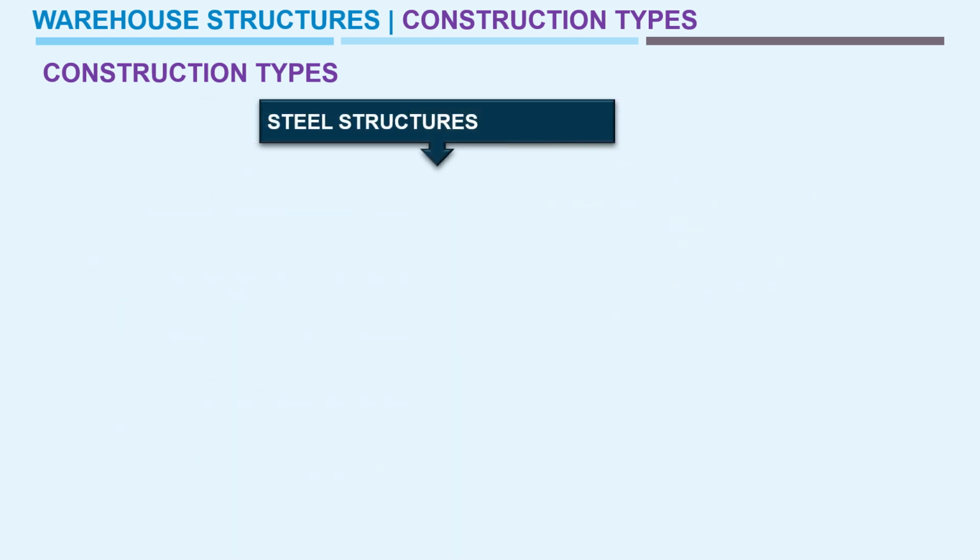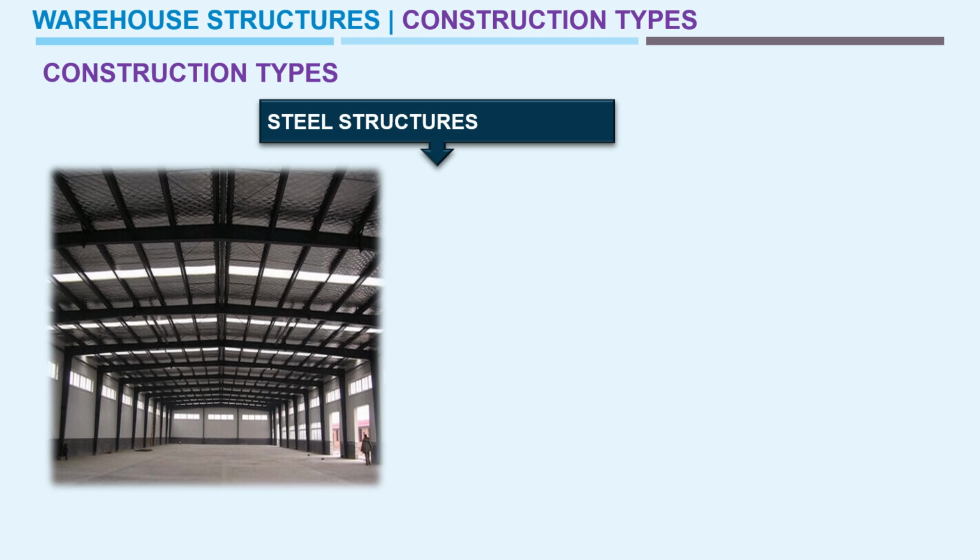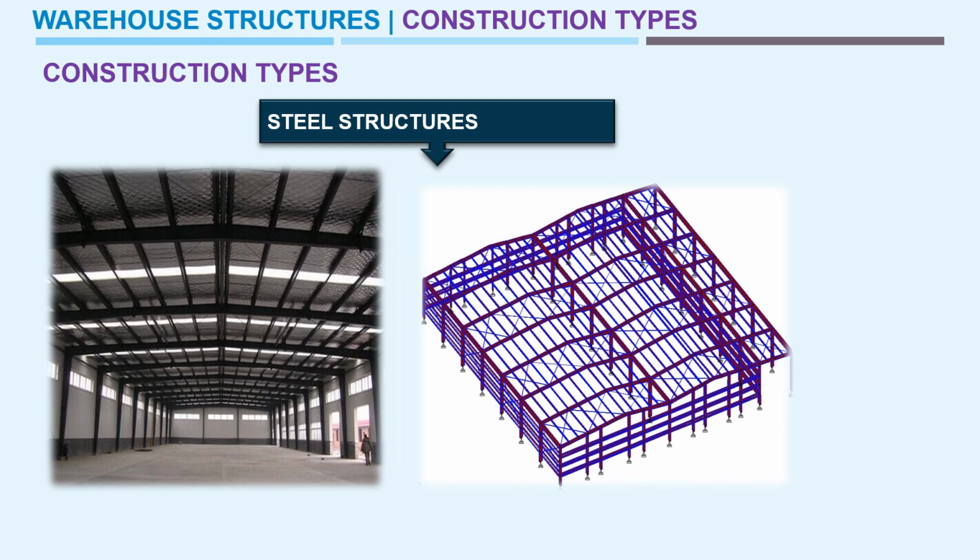And again in the steel structures, as we see, there are five different types of structures. So this is a view of those structures. Number one is the portal frame structures. You can see in the left hand side the picture, which is an actual construction photo, having a portal frame with equally spaced columns connected to the rafter.